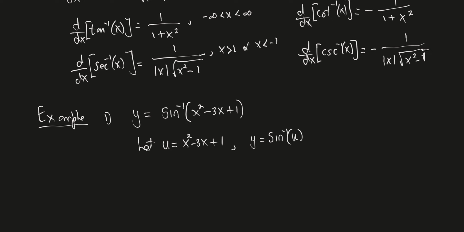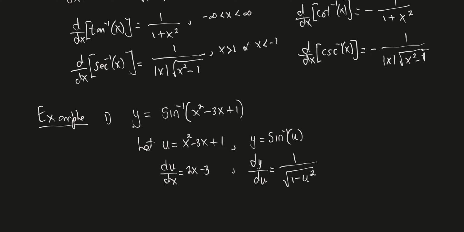And again, we now have rules to differentiate both these types of functions, right? So du dx is 2x minus 3. dy du is now our 1 over the square root of 1 minus u squared.